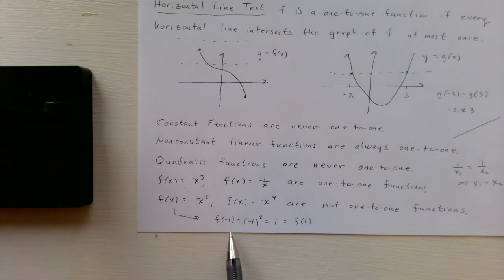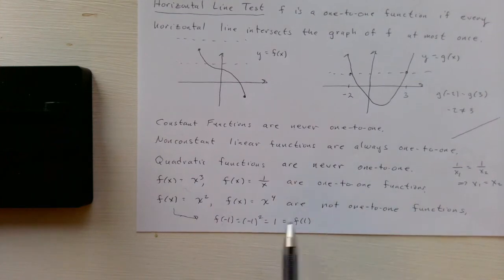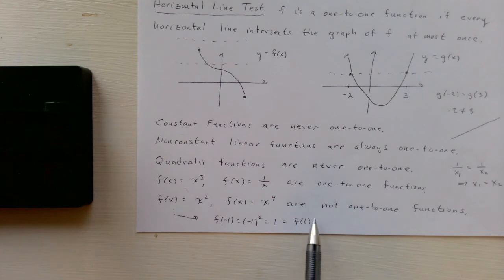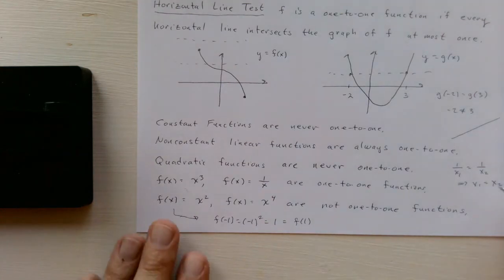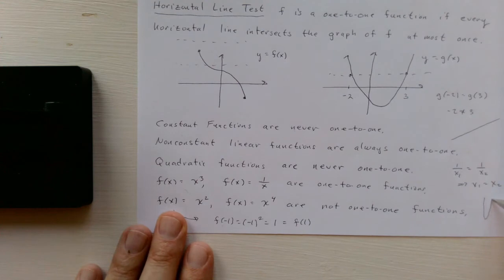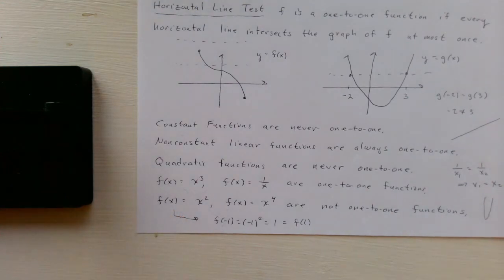So here we have two different inputs but the same output. Same thing with x to the fourth, or x to any even number. None of those will be one-to-one functions. And we can also see that the graphs of those will look like this anyway, so they won't pass the horizontal line test.